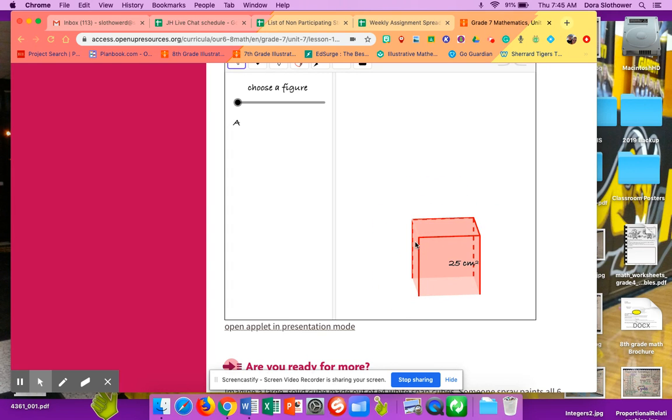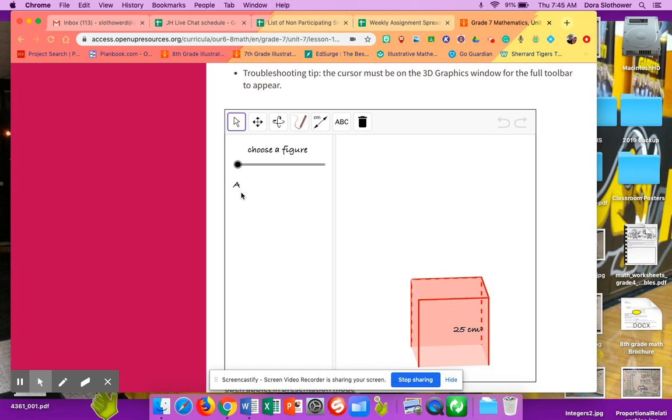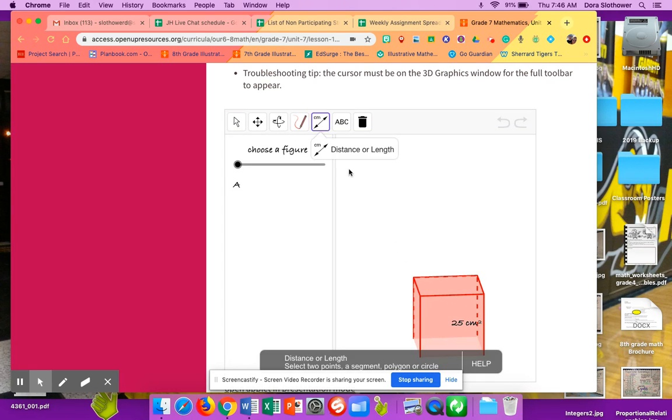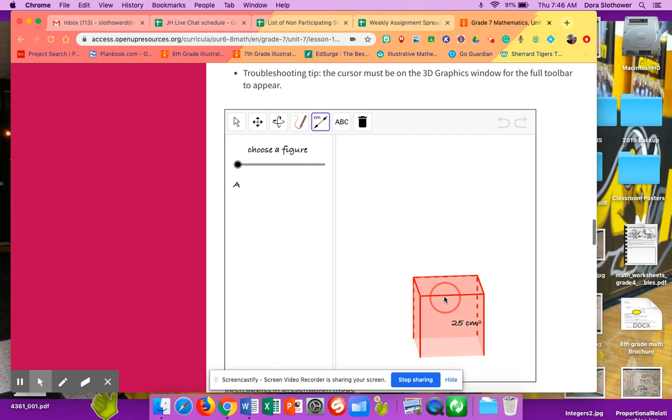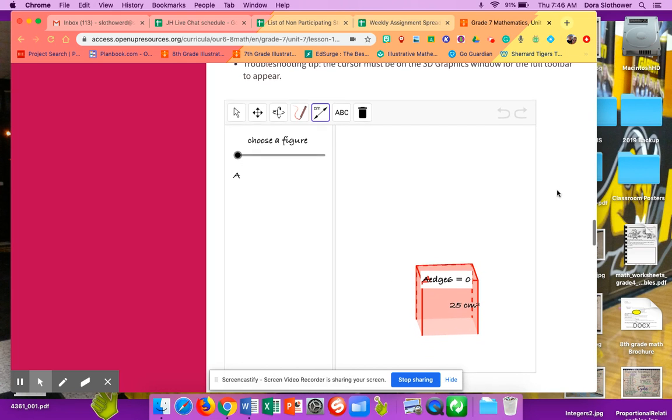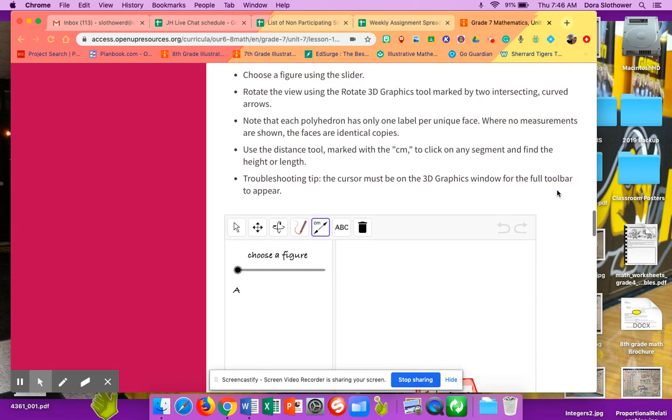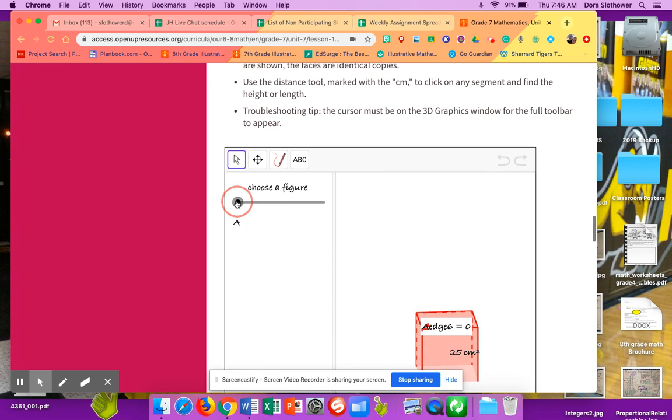So is this a prism? Is this a prism? Well, yes. And let's just check. I was going to check to see if the sides were the same.